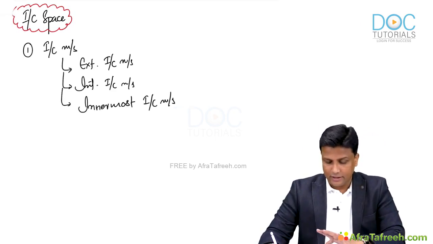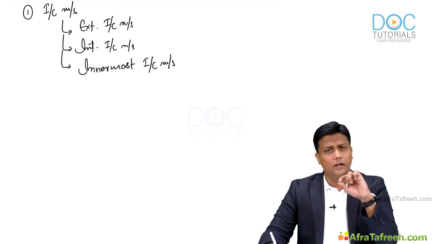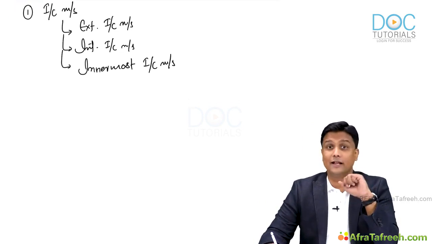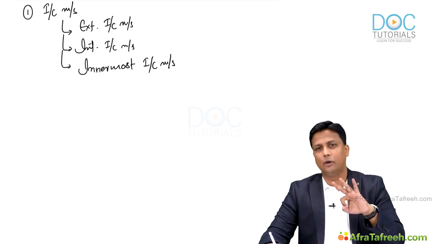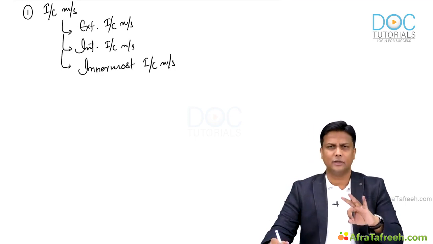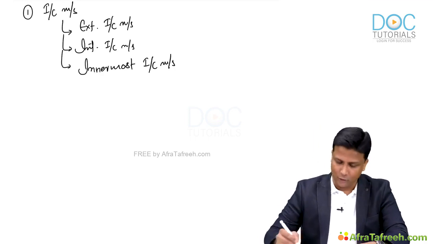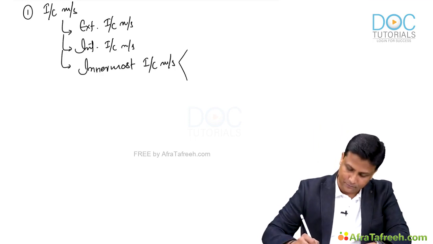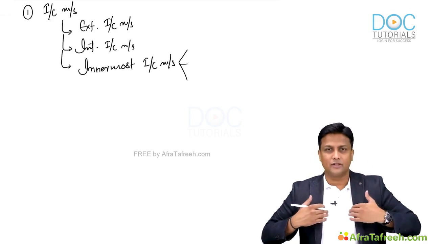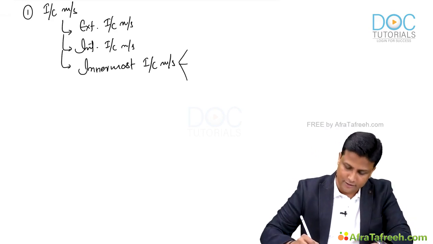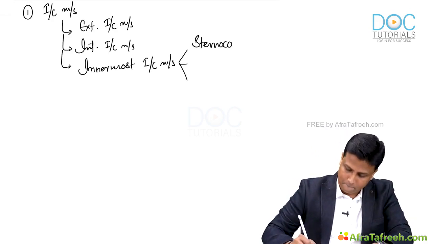And one thing I would like you people to add here is that innermost intercostal muscle is not a single muscle. It's actually a combination of 3 muscles together. So 3 muscles together collectively are known as the innermost intercostal muscle. Now which 3 muscles are those? Number 1, just behind the sternum here, that will be sternocostalis muscle.